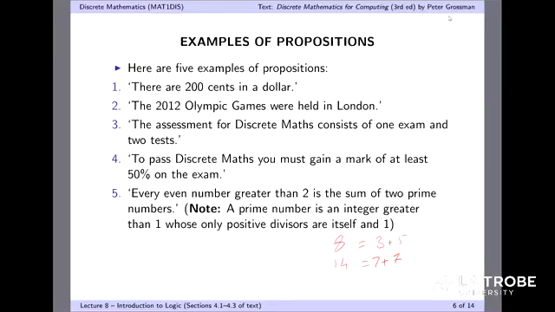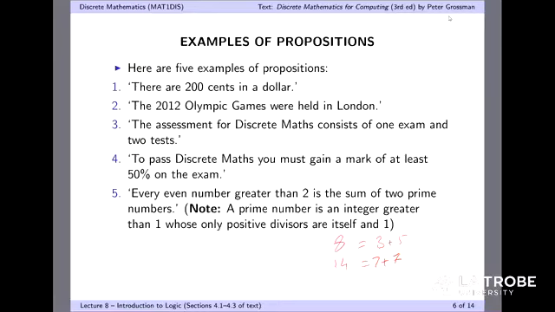We don't know. We really don't know, because we said all even numbers. We don't have a proof yet. We have a proof that every even number can be written as a sum of three primes, but we don't know the proof that every even number can be written as a sum of two primes.